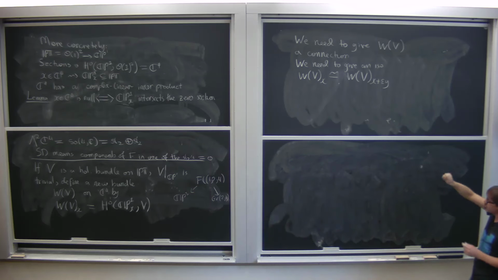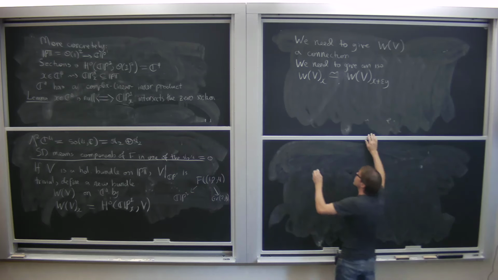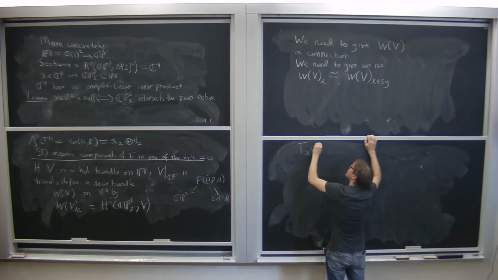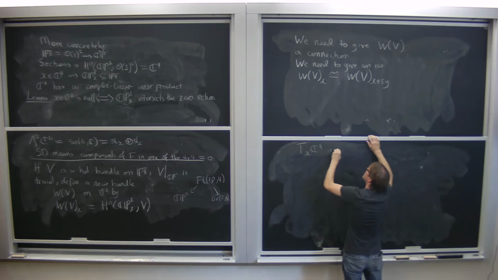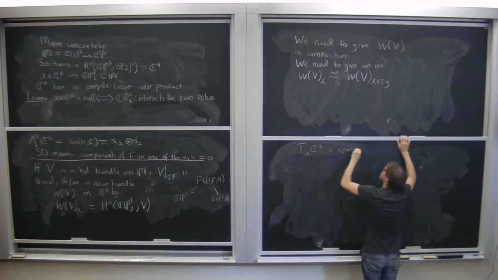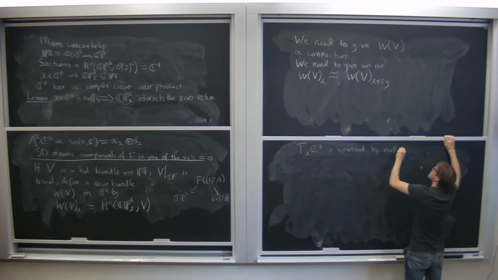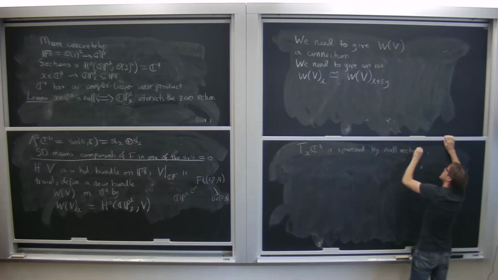So I need to say the fiber at some point X and some nearby point are the same. Well, the tangent space at a point X in C4 is spanned by null vectors.